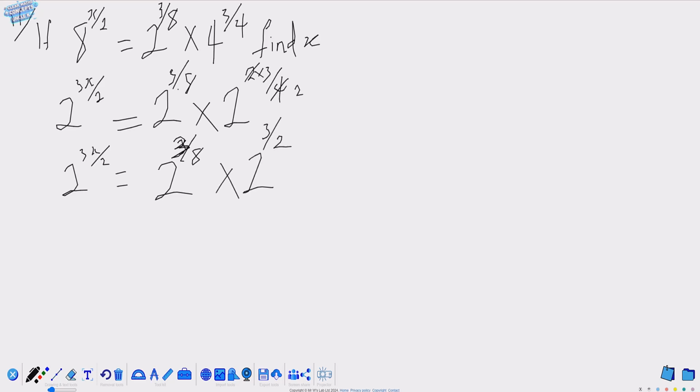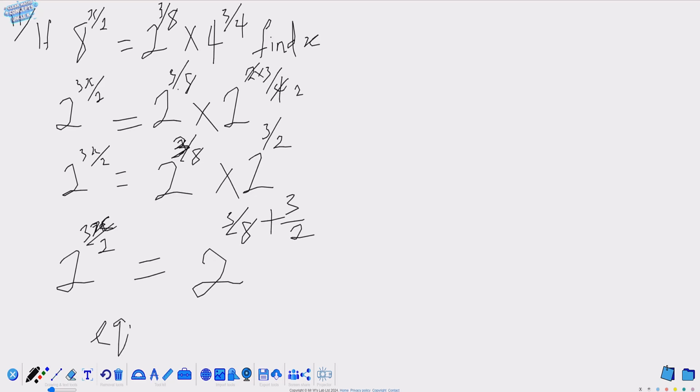You can combine the right hand side: 2 raised to power of 3 over 8 plus 3 over 2. You can see that the bases are the same, so you equate the powers. Or you could first simplify the power on the right hand side before equating.